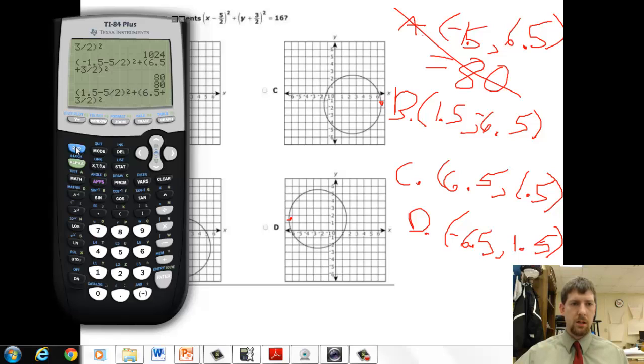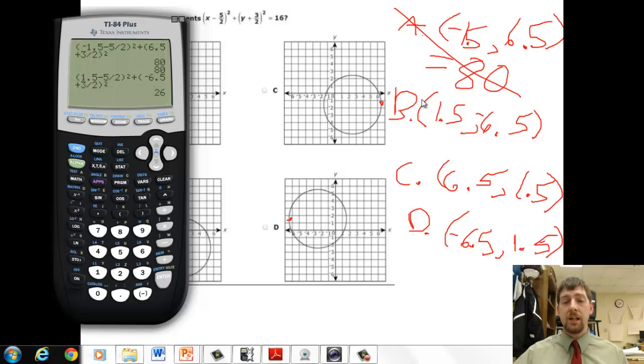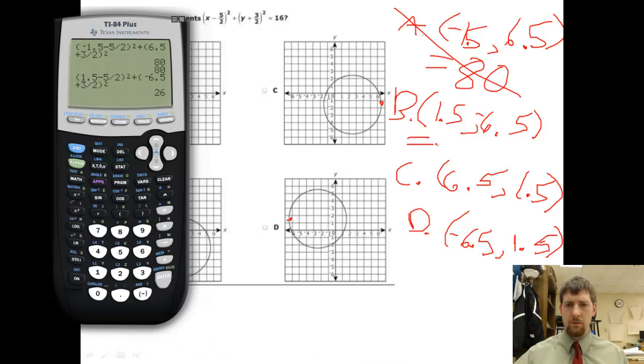So second insert. Now that the 6 is blinking, I can put a negative right in front of it and hit enter. And B gives me 26. So that was a lot closer, but still that's pretty far off.